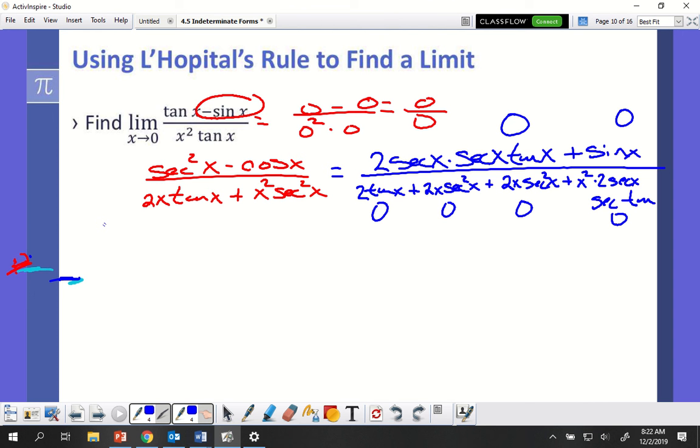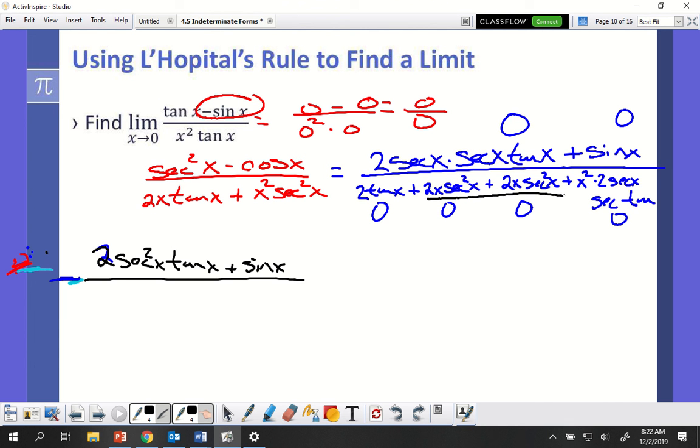Okay, so we had 0 over 0. Let's go through and do some manipulation because I don't like all this work. I really don't. Okay, so we can combine a lot of this, can't we? I hope so. So it's going to be, let's see, that's better. So I'm going to have a 2 secant squared tangent x plus sine x over, let's see, they all have a 2 at least. That doesn't help. All right, 2x secant x. So how about these?